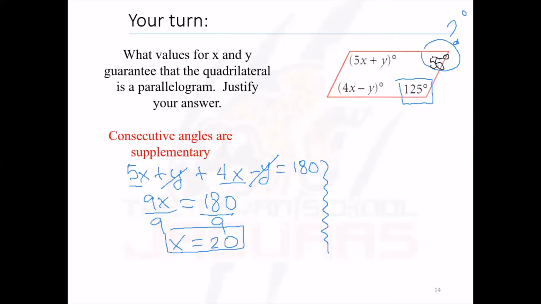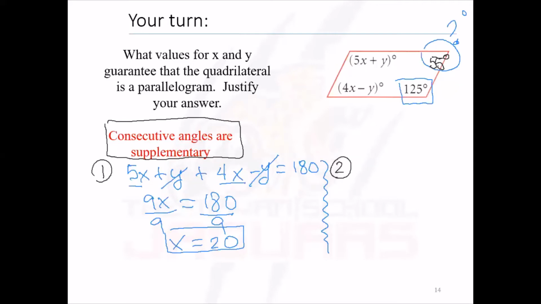Having this clear, I can keep on using consecutive angles as supplementary, or I can use another idea. I know that opposite angles must be congruent if I'm proving that a quadrilateral is a parallelogram. But to keep this idea of consecutive angles as supplementary, I'm gonna propose the following equation. Let me call the first one that I did 1, and the one that I'm gonna solve at this moment 2.